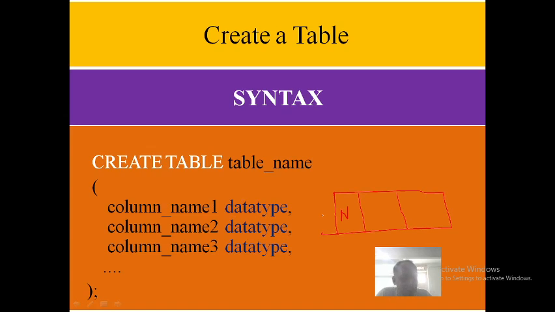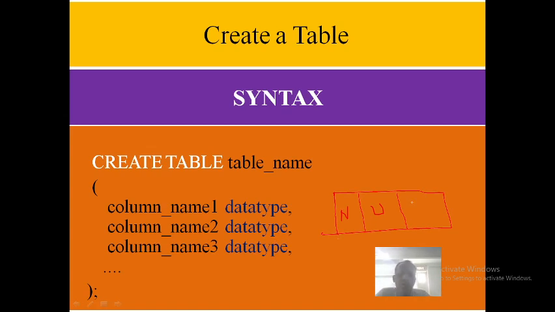In the examples I will explain. The second one is university seat number. University seat number is again a varchar, because it has a combination of digits as well as alphabets, a set of characters.